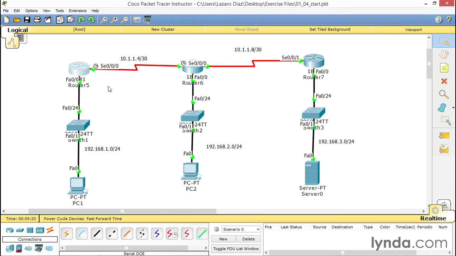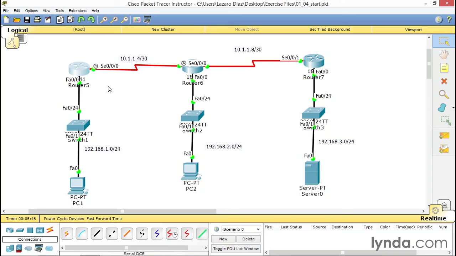When router 1 receives that frame, it actually discards any layer 2 information because ARP is local to your segment. So it takes a look at the layer 3 information, looks at its routing table and says, hey, where do I need to send this destination? It sees that it needs to send it out the S000 based on the routing table.